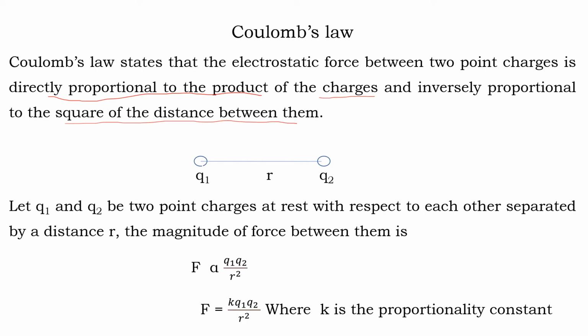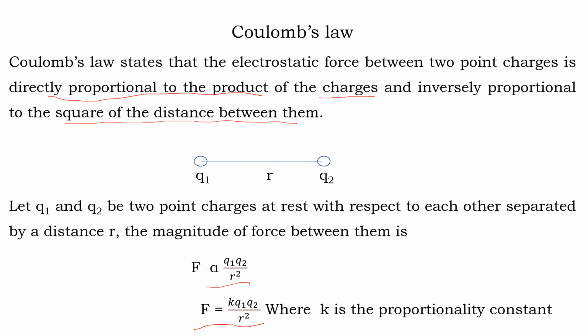Mathematically, F is proportional to Q1 Q2 by r square, or it can be represented as F equals a constant K into Q1 Q2 by r square. And this constant K is the proportionality constant.